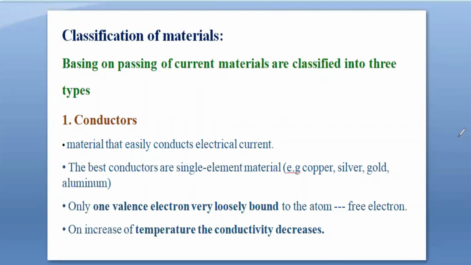Classification of materials. Based on passage of current, we already know that materials are divided into three types: conductors, semiconductors, and insulators. Conductors carry current freely. Large amounts of current can pass through these materials, because in these materials very loosely bound valence electrons are present.